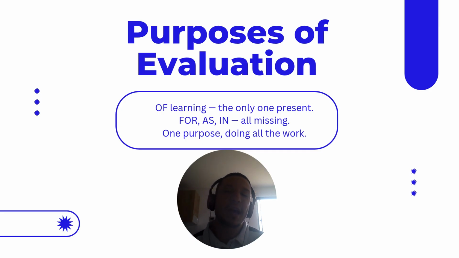Where is evaluation as learning, students reflecting on their own bilingual process, and evaluation in learning, connecting the test to a real, authentic task in a student's own community? All missing. One purpose doing all the work. That's the first problem.